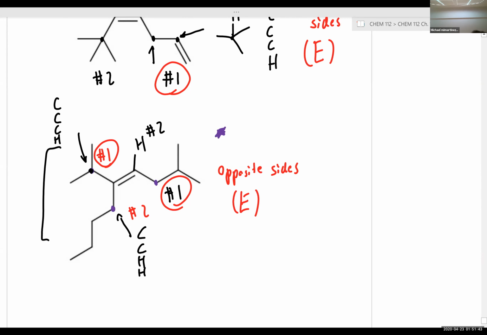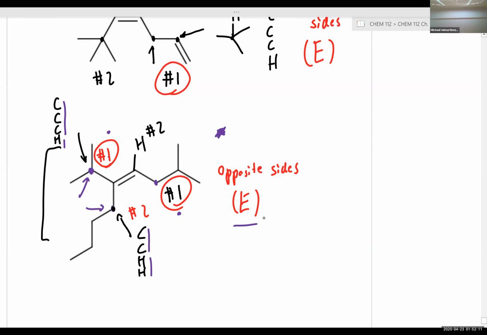If we compare our first carbon out, these two carbons, this top carbon has 3 carbons and a hydrogen attached. This bottom carbon has 2 carbons and 2 hydrogens. So the top carbon's priority 1. Hydrogen by default is priority 2, so this bottom group is priority 1. Since both of our high priority groups are on opposite sides, this is the E olefin.